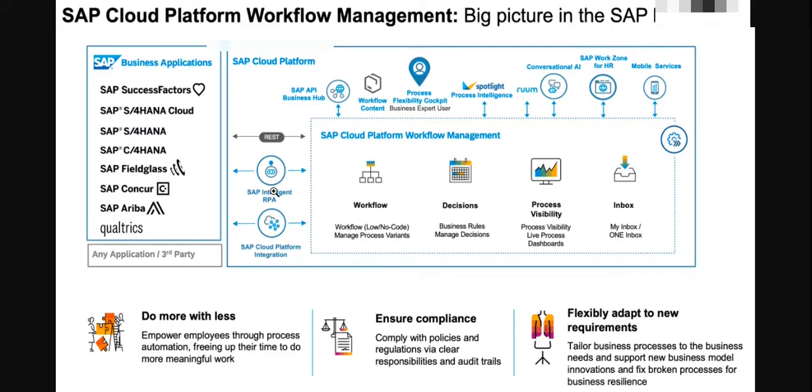When I got the experience to work with intelligent RPA, which is robotic process automation, I felt that it can enhance and leverage the capabilities of SAP Cloud Platform workflow. So there is also a chance to integrate and work with SAP Intelligent RPA along with the workflows and conversational AIs.